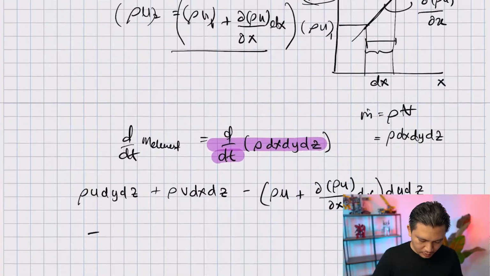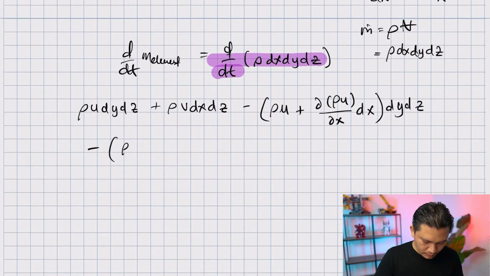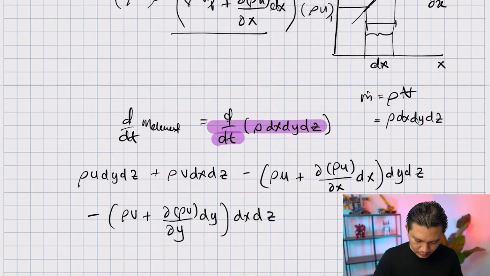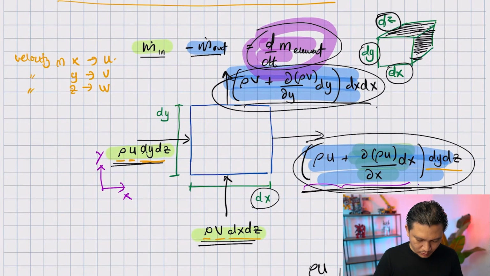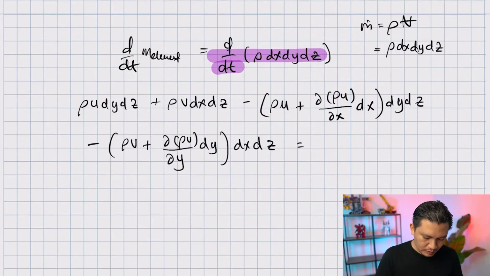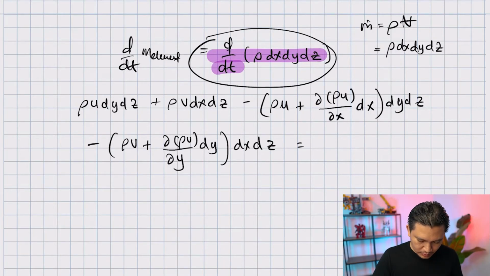Okay, so that will be rho v plus del rho v over del y dy times dx dz. Okay, so we have everything. We have m dot in minus m dot out, and then equal to this guy here. Okay, so this is d over dt times rho dx dy dz.